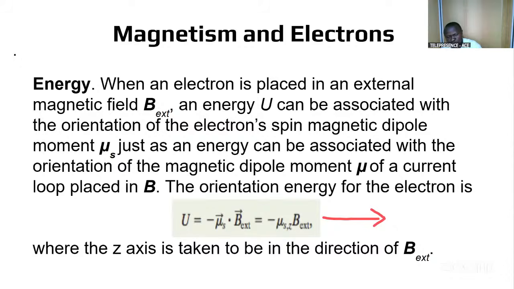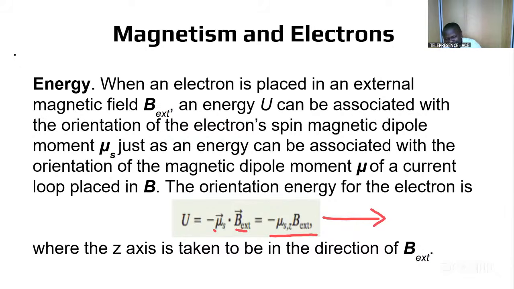So you have U is equal to minus mu S dot B. This is the external magnetic field, and this is the electron spin magnetic dipole moment. And this is a dot product. The dot product of two vectors will give us a scalar, and this will result to this.